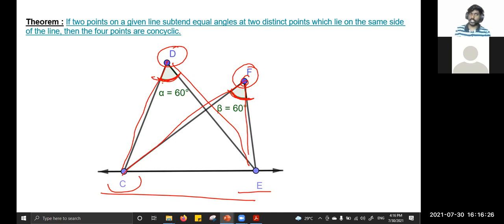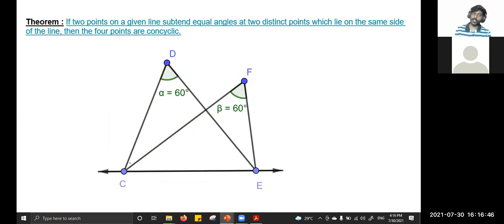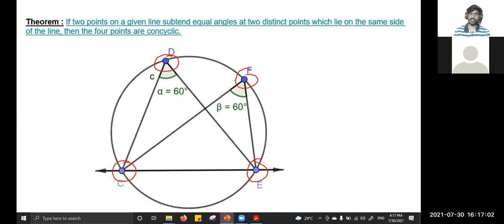Now, what this says is that if these 2 angles are the same, that is, the different points which you took form the same angle, in this case 60 degrees and here also 60 degrees, then all these 4 points C, D, E, F will be concyclic. Concyclic means they will lie on the same circle. That is like this.